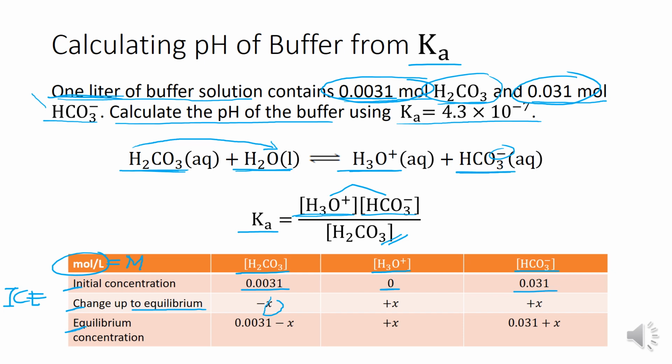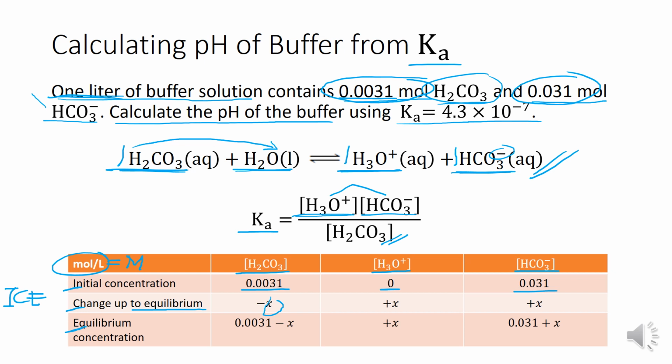And what can we say about that reaction? This is a balanced chemical equation, and we see that we have 1 and 1. Therefore, for 1 mole of carbonic acid, 1 mole of hydronium ions and 1 mole of bicarbonate are produced.